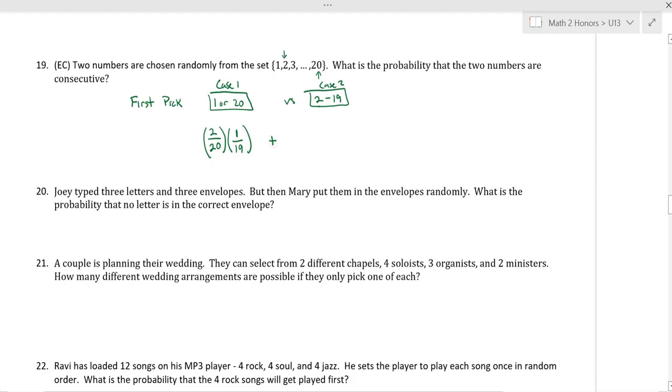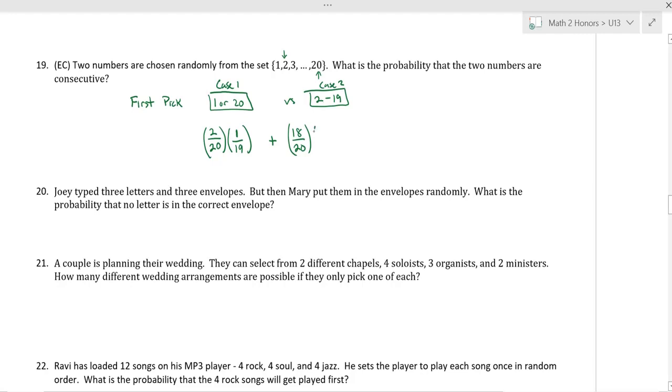Now case 2, let's say I pick a 2 through 19. Well, there's 18 of those numbers out of the 20. And if I pick any of those, then if I want to pick something consecutive to it, like say I pick the 2, I have 2 options. I can either pick the 1 or the 3. Or if I pick a 7 first, then I can pick the one below it or the one after it.